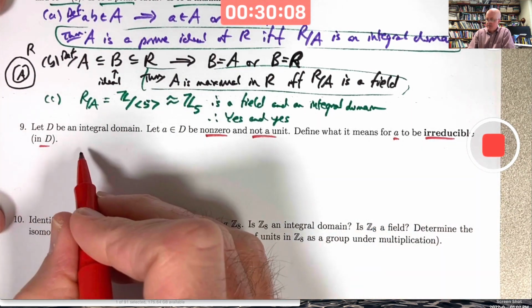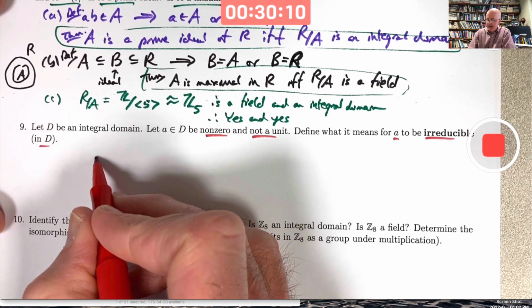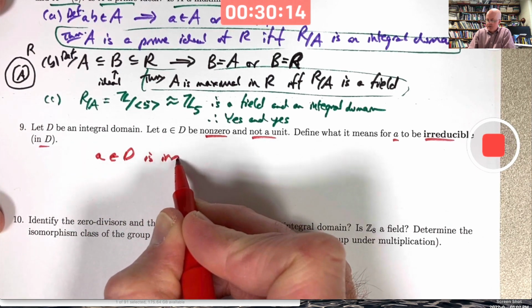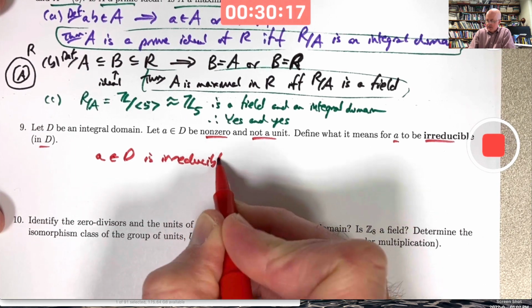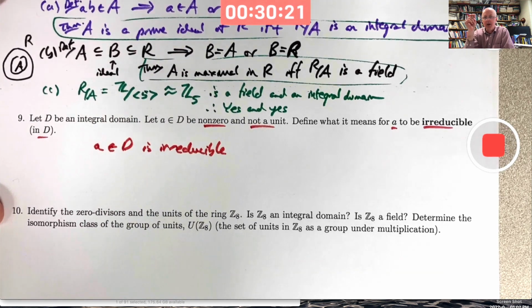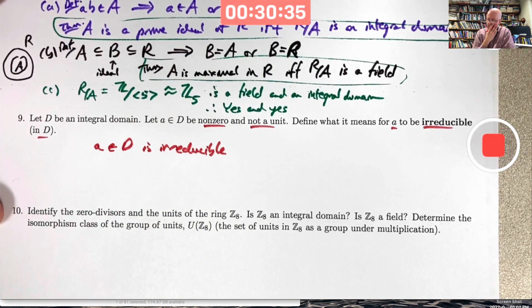A is irreducible if the only way to factor A is a trivial way. Just like with prime numbers, the only way to factor them is trivial. 29, for example, is just 1 times 29. There's no other factorization in terms of positive integers. How do you say that in the general integral domain here?